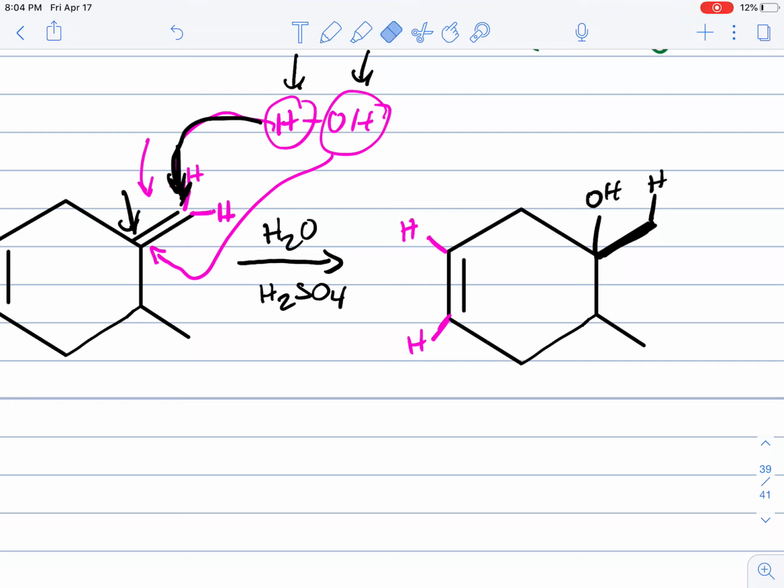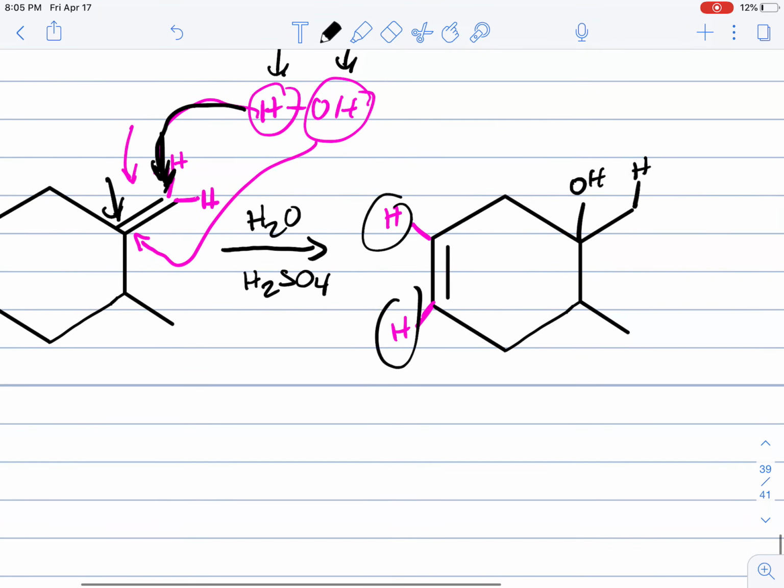Now for this substance on the left, the double bond that's on the left, since there was one hydrogen on each carbon, it doesn't really matter where the hydroxyl goes and where the hydrogen goes.